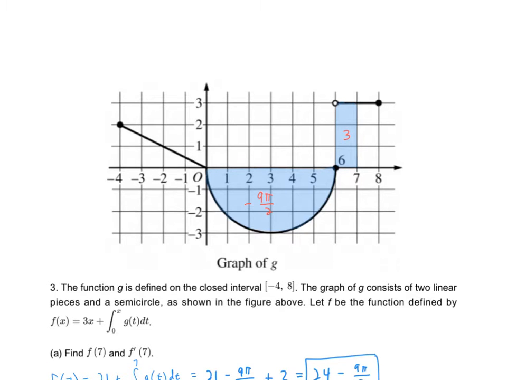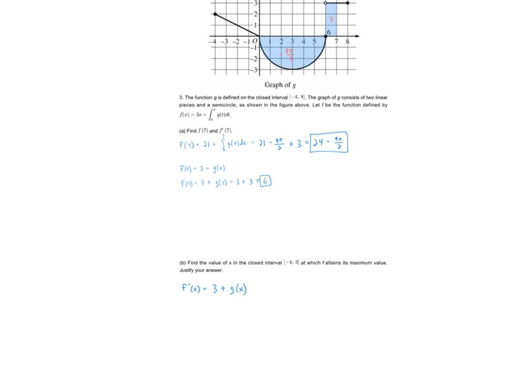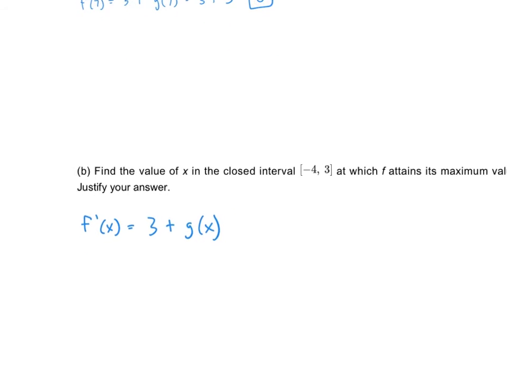It actually doesn't matter anyways, since it's only from -4 to 3, and it's defined everywhere. Here it's not differentiable, but it's still defined. So the only thing we have to do is set it equal to 0.